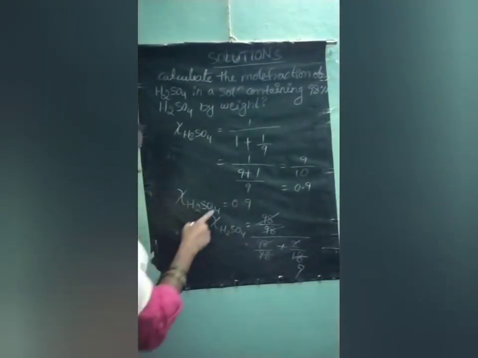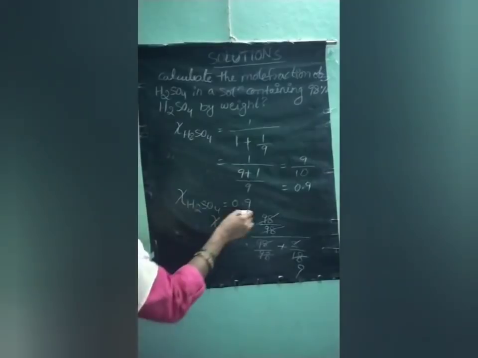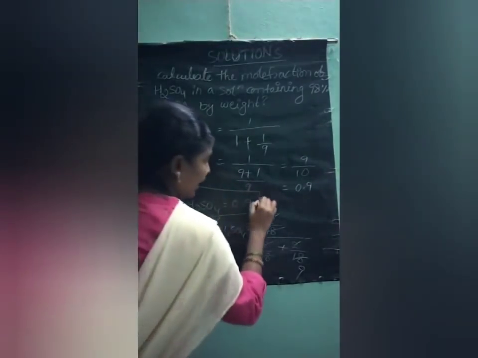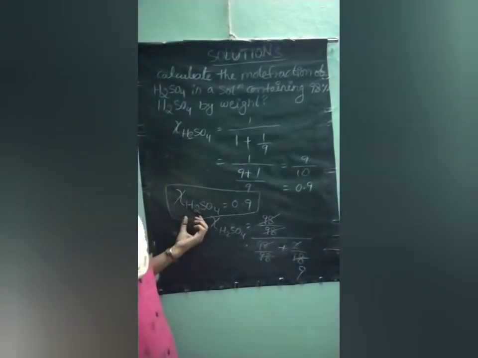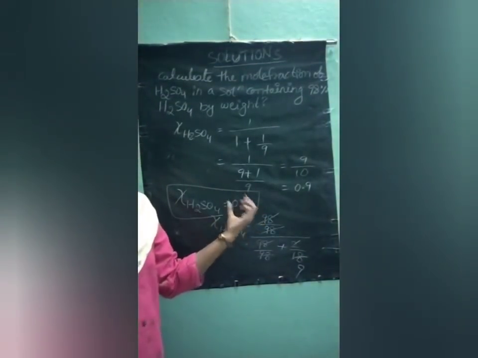Mole fraction is a ratio, so there are no units. This is the final answer for the mole fraction of the sulfuric acid, that is 0.9.